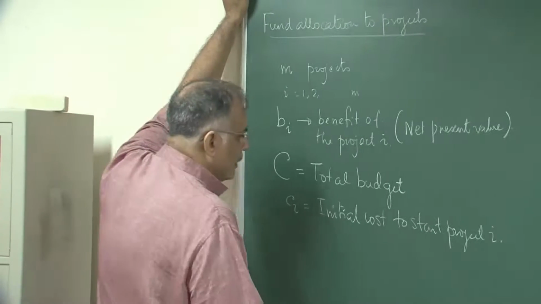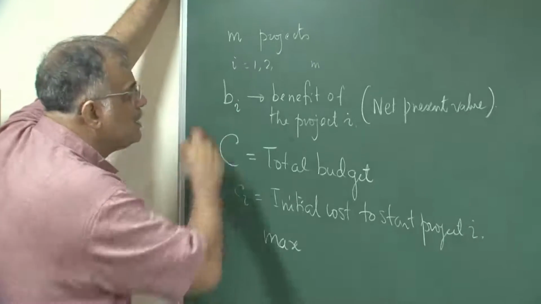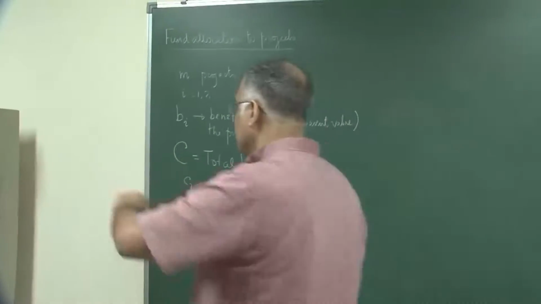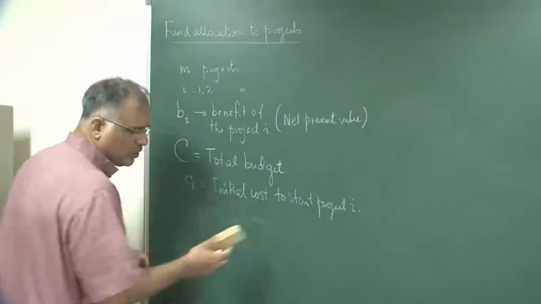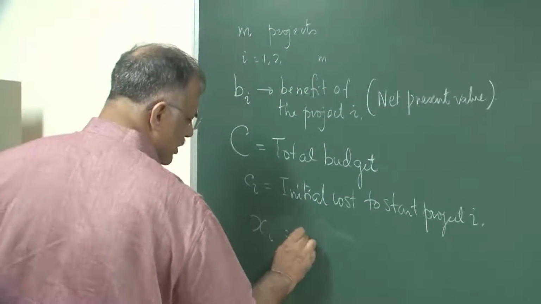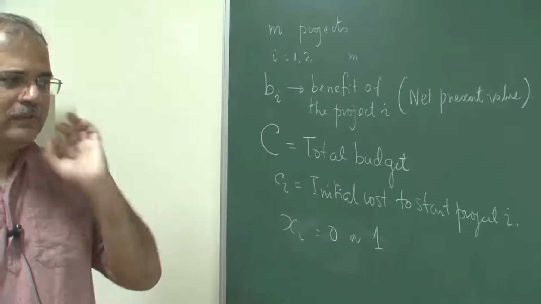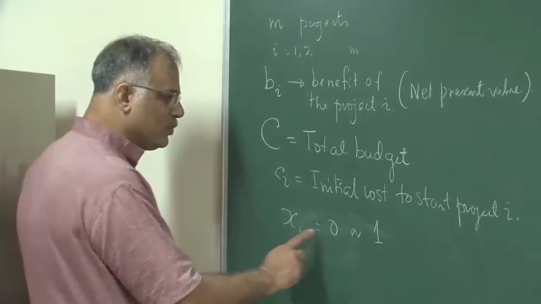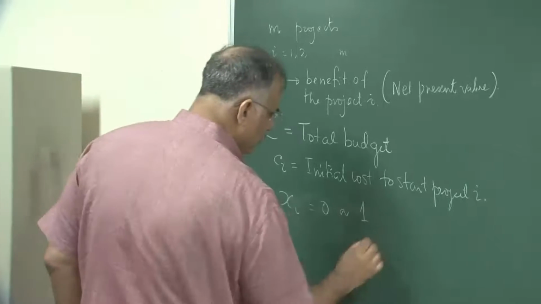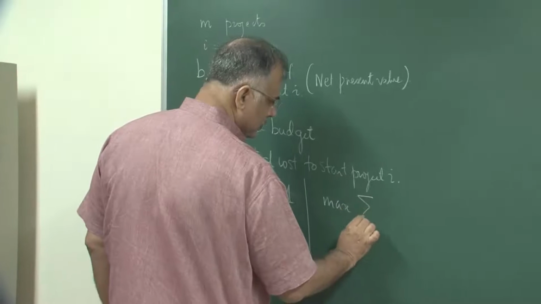So my problem would be to maximize my benefit. Suppose xi is the variable which is either 0 or 1, a 0-1 variable. If xi is 0, I do not give any money to project i. If xi is 1, then I give the money Ci to project i. So my problem now is to maximize my benefit.